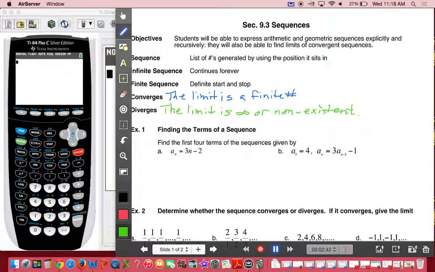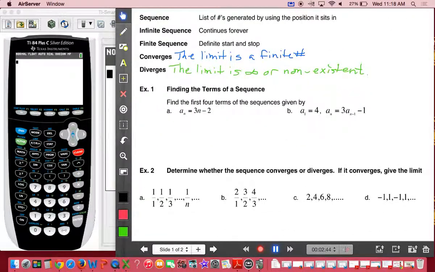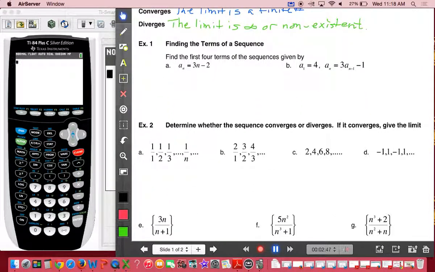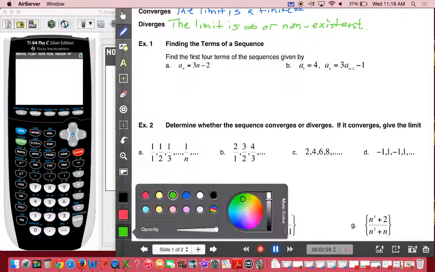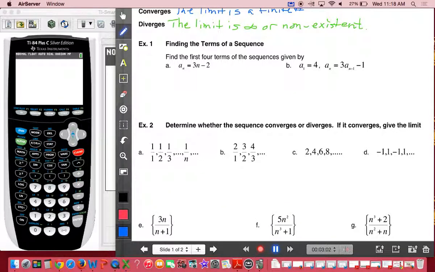So let's look at a couple of sequences here. It says we have to find the first four terms. So here's where n is going to represent your number term in that sequence. So we're going to find a sub 1.